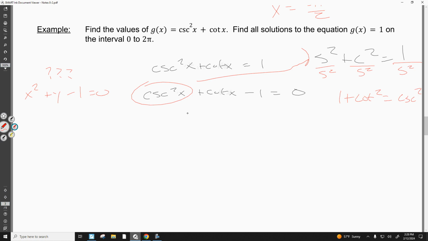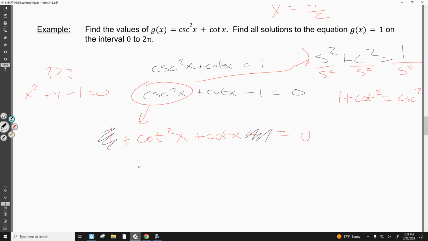Cosecant squared equals 1 plus cotangent squared. So, guys, you have to be able to start with something and then manipulate it. Don't memorize all the identities. It's not worth the time, and it won't stay with you. Instead, at least remember the Pythagorean theorem in the unit circle.